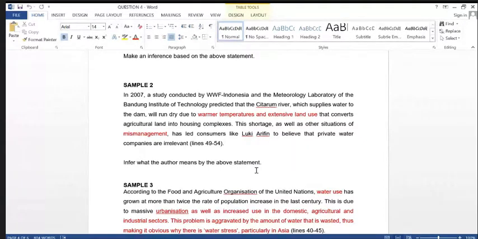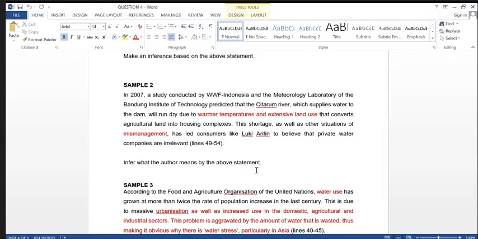And another thing that they are saying, okay, one is the reason of water problem, one aspect. Another issue that they bring forward in this text is about the consumer not believing the private water company. Those are the two things. One is about factors that affect water supply.